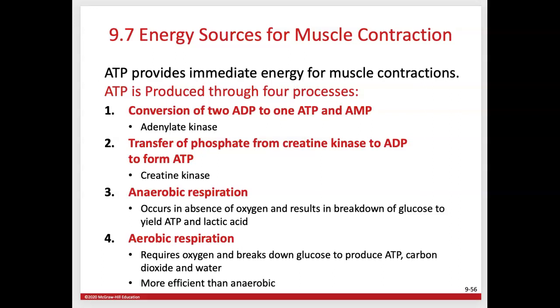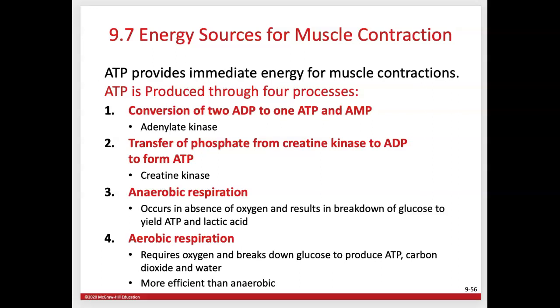The first one is the conversion of 2 ADP to 1 ATP and AMP. So that's a lot of letters. ATP is adenosine triphosphate, meaning it's adenosine with 3 phosphates. When we take any of those phosphates off, the first one coming off will turn it to adenosine diphosphate, as in 2.